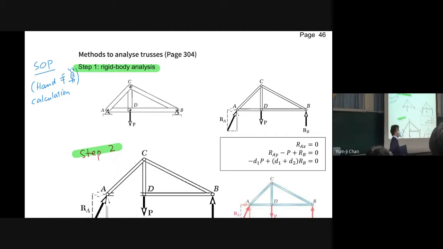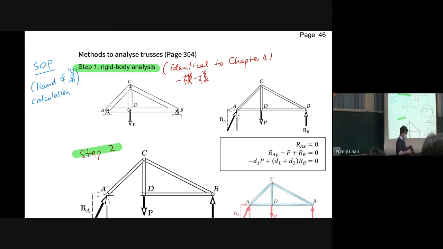Now, the first step is identical to chapter 4. We assume the whole structure as a rigid body, and we determine the support forces.